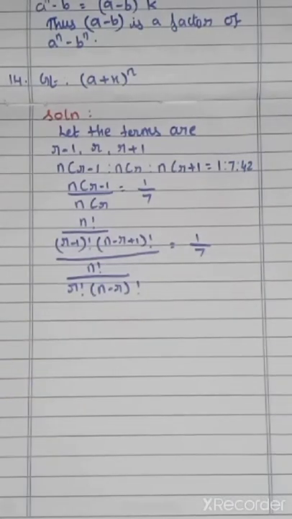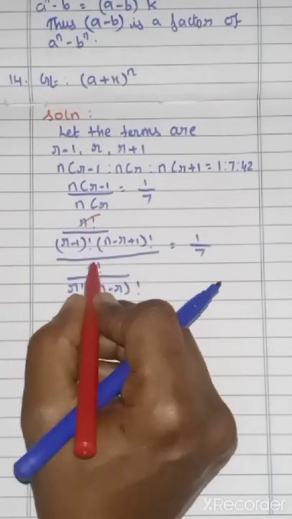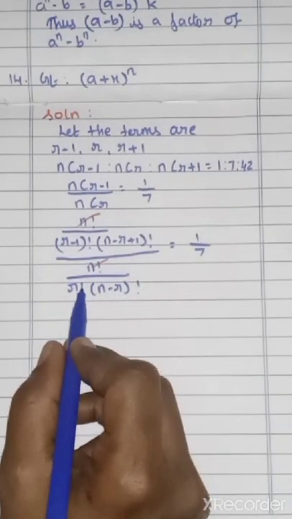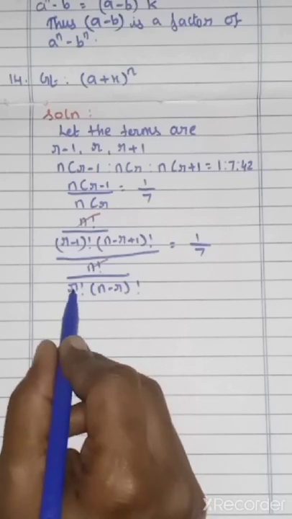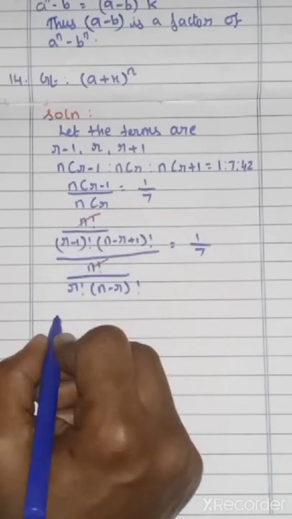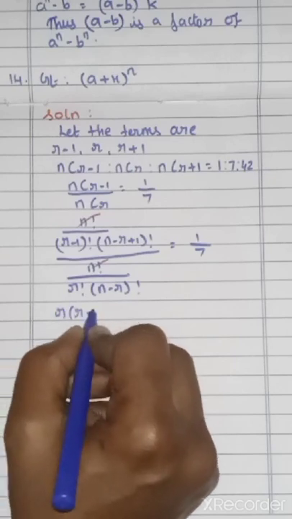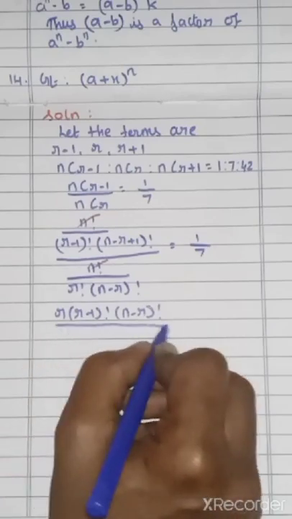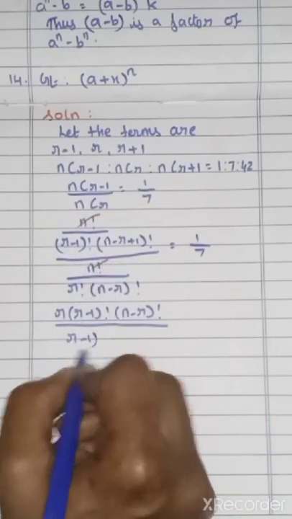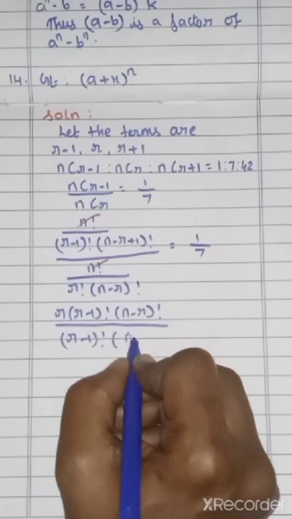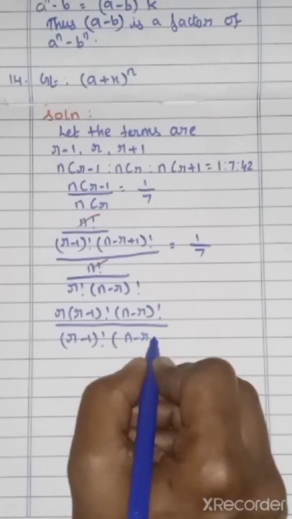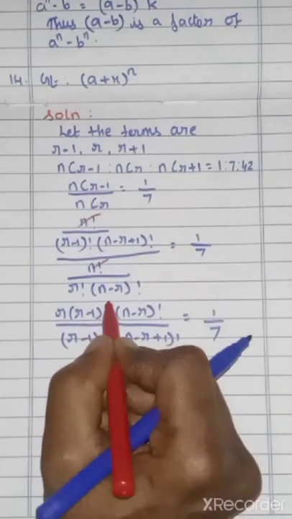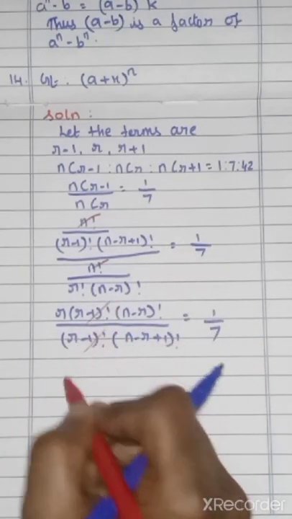Now this n factorial will get cancelled. Taking this to the numerator, we will get r into (r minus 1) factorial, this one (n minus r) factorial, divided by (r minus 1) factorial, this one we can write as (n minus r plus 1) factorial, which is equal to 1 by 7. Again we can cancel this (r minus 1) factorial.